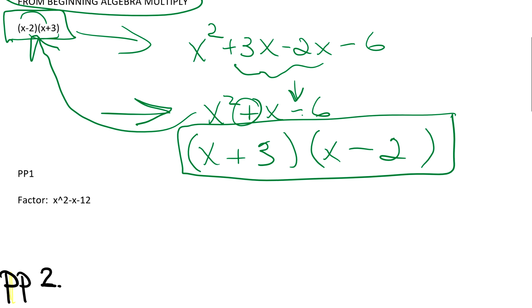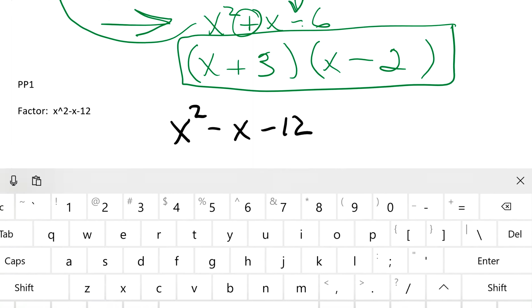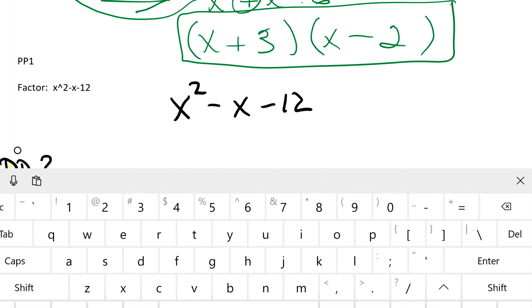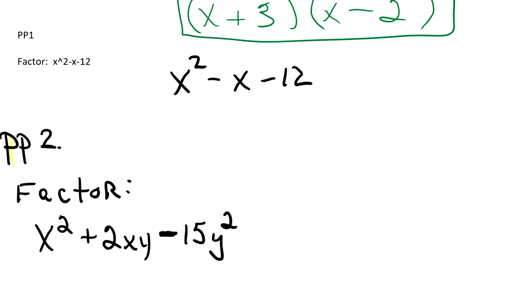Let's do practice problem 1. I'm going to rewrite this as well and change colors. I've got x squared minus x minus 12, and I have got to factor that. All right, the lead coefficient is 1, so that tells me I'm going to set up my parentheses and fill in everything I know.